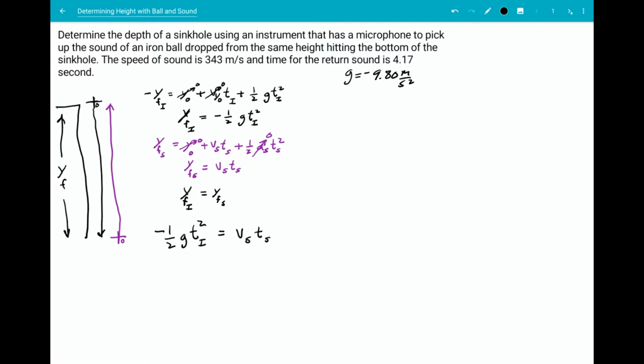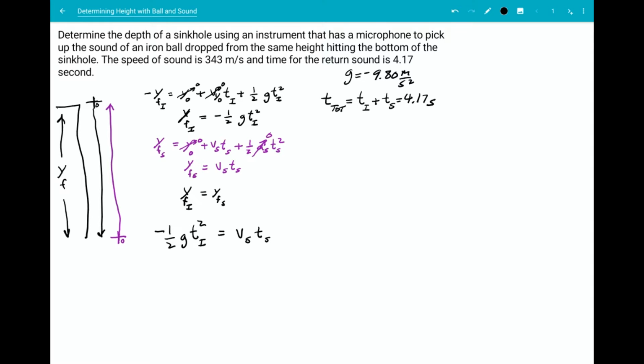Now we have two different times. Well, here's how we can handle this. The 4.17 seconds, that's the total time. Well, that's equal to the time that the iron ball falls plus the time that the sound travels upwards. So that's equal to 4.17 seconds.